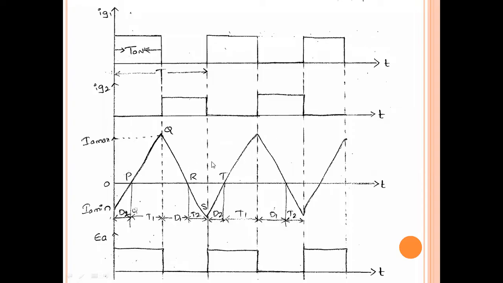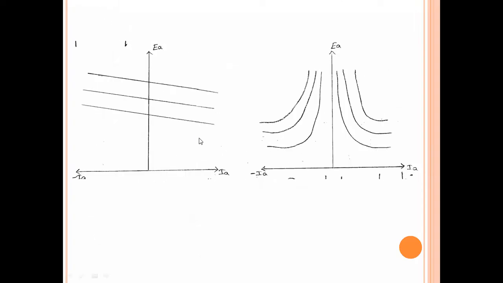Similarly, we can plot the torque speed characteristics for the separately excited DC motor as well as the series DC motor. Here I have shown two torque speed characteristics. The first one represents the separately excited DC motor, and the second one, which is parabolic in shape, represents the series excited DC motor.